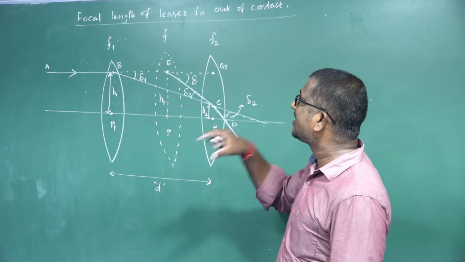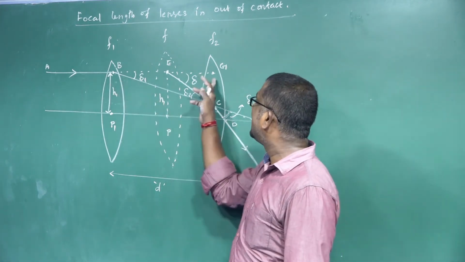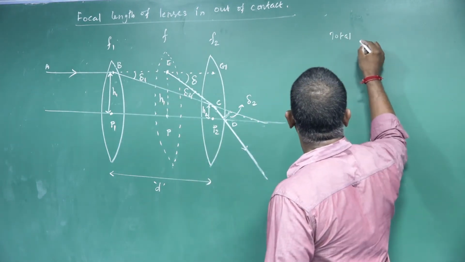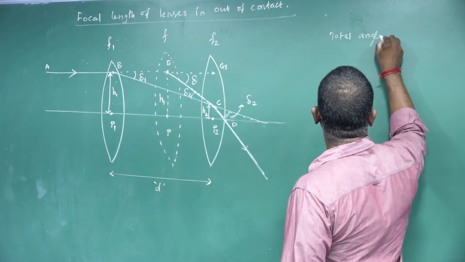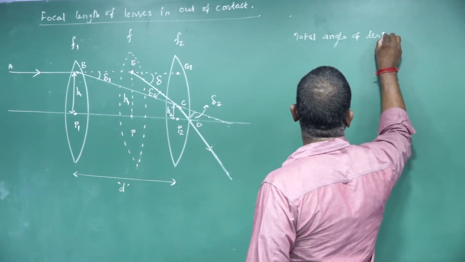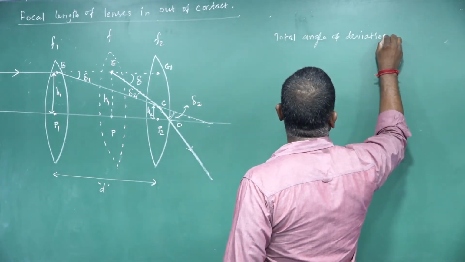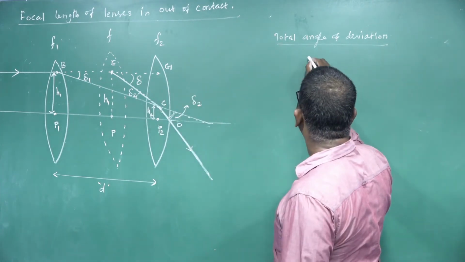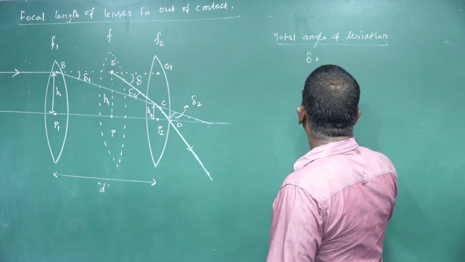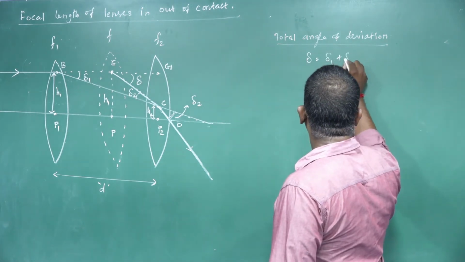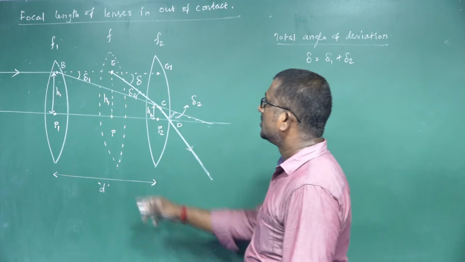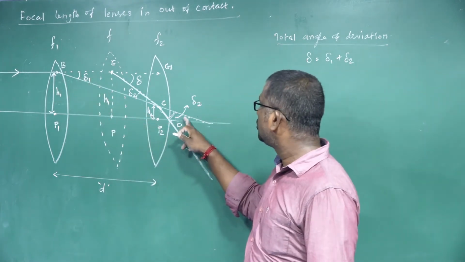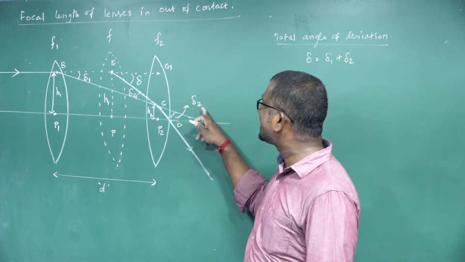So the total angle of deviation produced by the combination of two lenses, suppose del, is equal to del 1 plus del 2. Del 1 is the angle of deviation produced by the first lens and del 2 is the angle of deviation produced by the second lens.